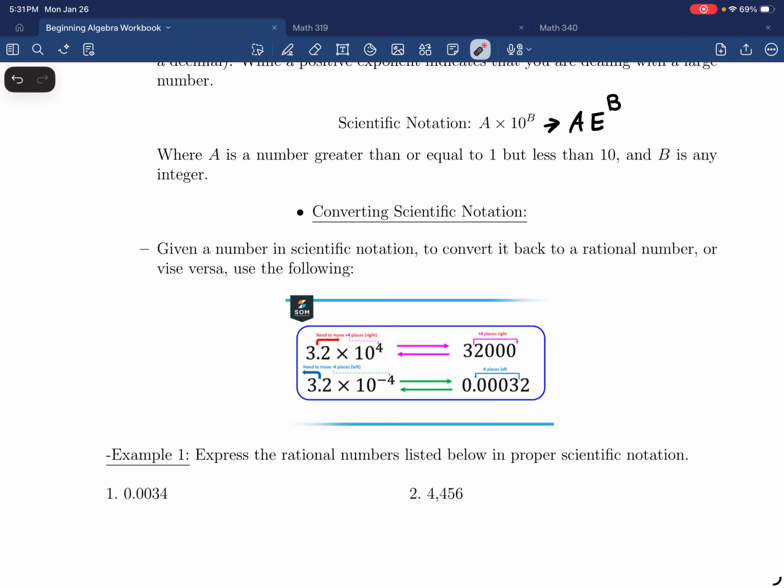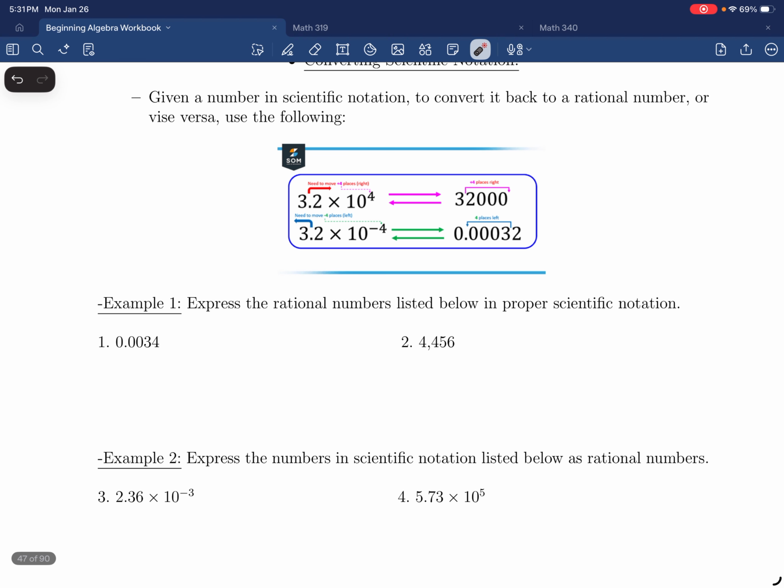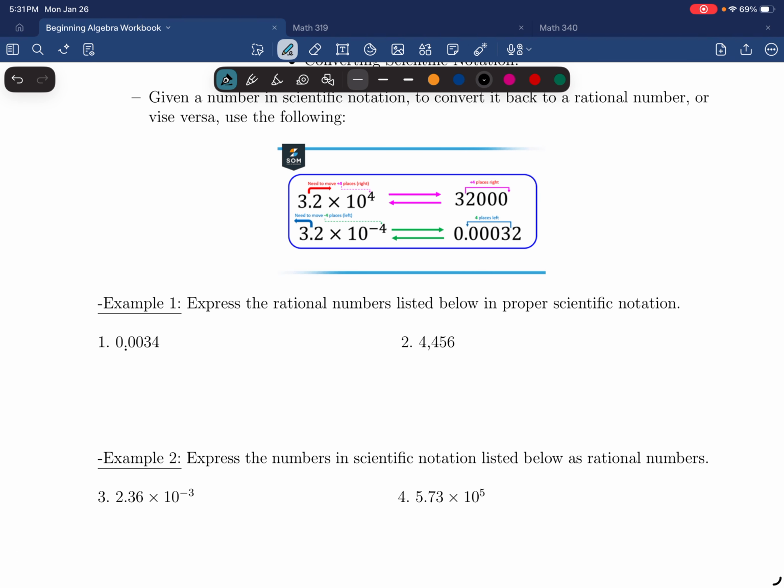So it can't be 10 or greater, and also can't be less than 1. That means our decimal place is going to have to go over to the right 1, 2, 3 places. So we get 3.4. Let me rewrite that. This in scientific notation is going to be 3.4 times 10.